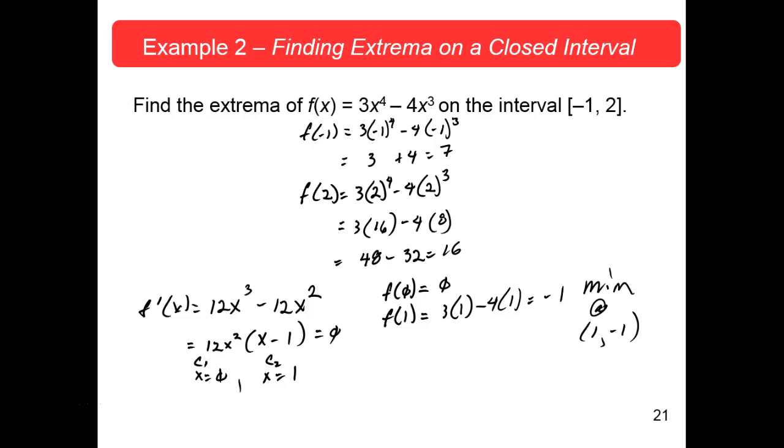How about maximum? At 2, 16, so the max is at the point 2, 16. The maximum value is 16, but it's at the point 2, 16. Minimum value on that interval, negative 1 to 2, would be at x equal 1. The value for y would be minus 1. That's the minimum y you get, and it'll be at the point 1, minus 1, of course.